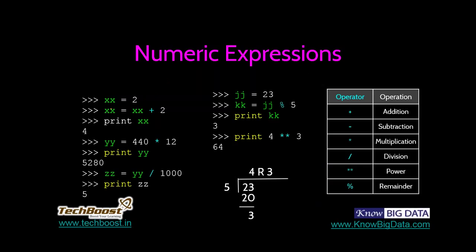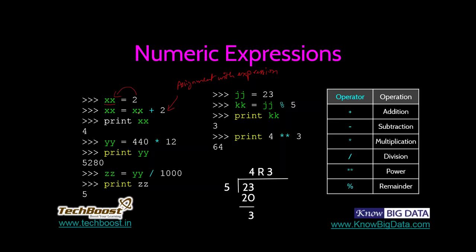Now we have x as the variable, and this variable holds the value of 2 right now. In another statement, this is again an assignment with expression, and the expression is x plus 2.